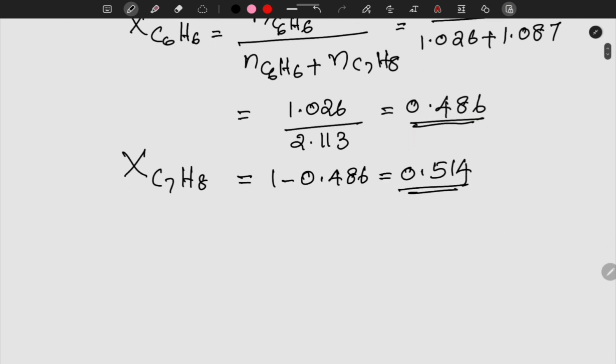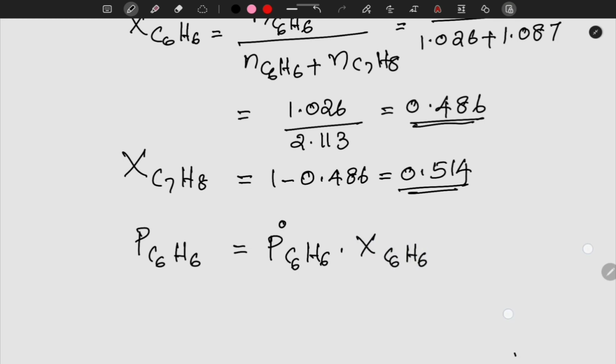Now according to Raoult's law, partial pressure of each component in solution is directly proportional to its mole fraction. So partial pressure of C6H6 equal to P0 C6H6 into mole fraction of C6H6.